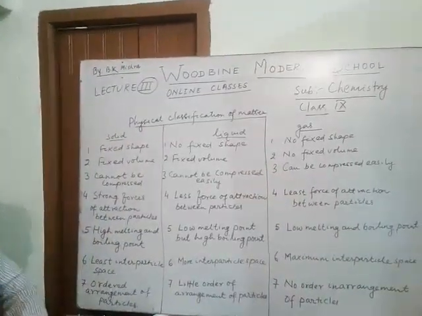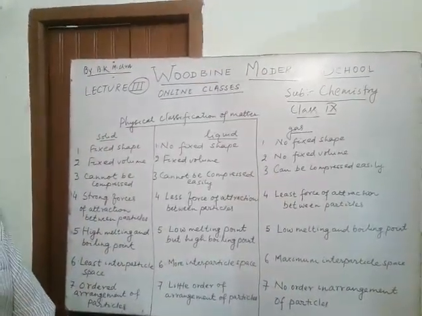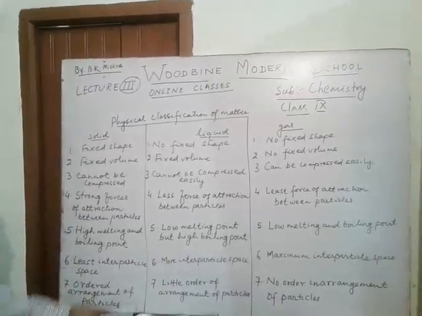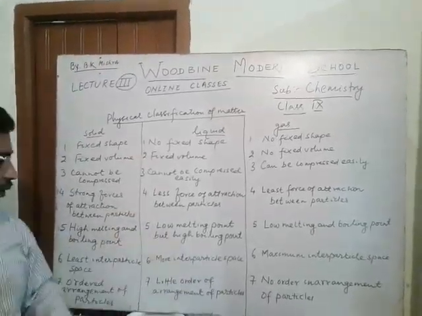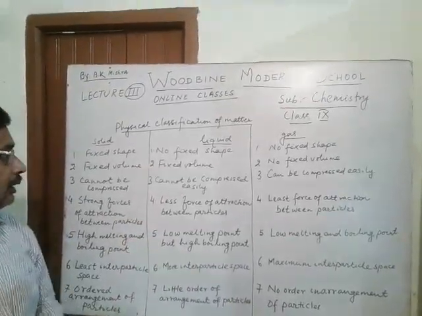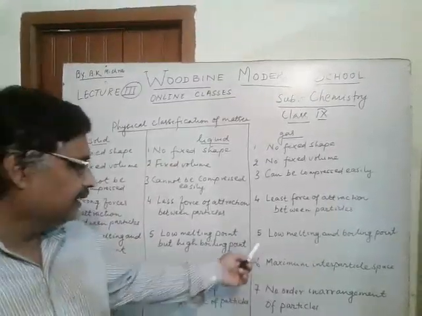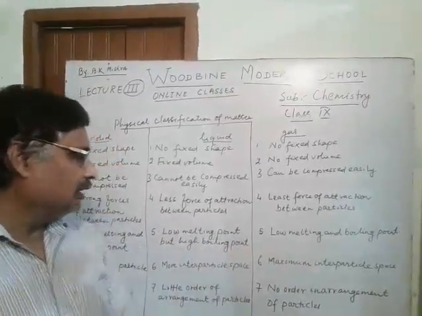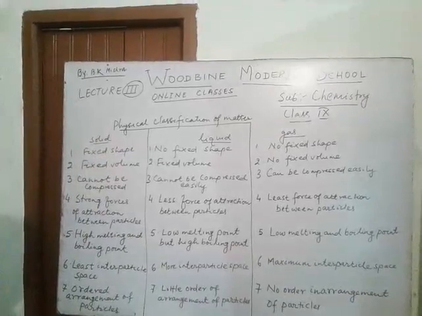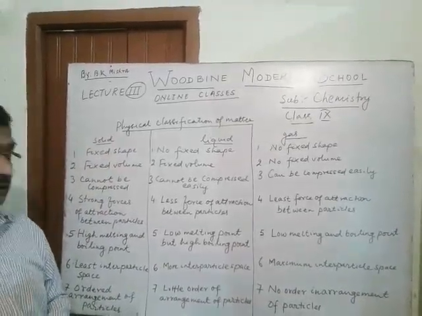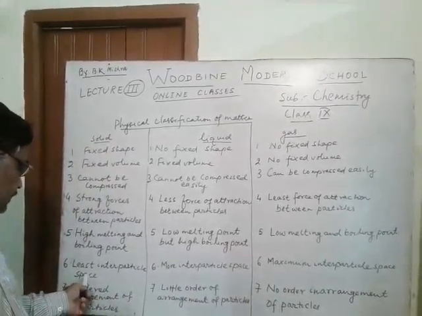Now the fifth point is, solids have high melting and boiling point, but liquids have low melting point but high boiling point, and in gaseous state they have low melting point and boiling point. Now the interparticle space, this point is also important.